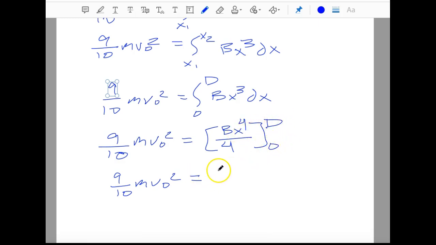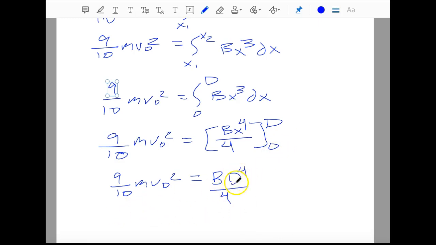So this is b times d to the fourth over 4. They want us to solve for d. This would be minus 0 because of our 0 down on the bottom.